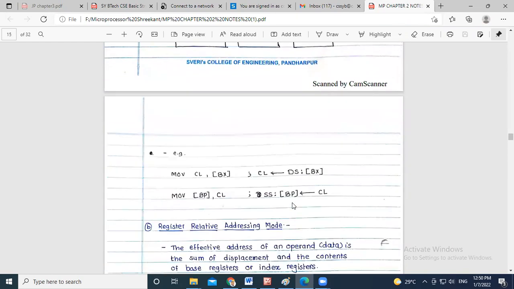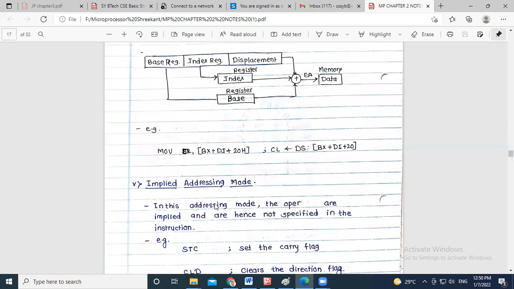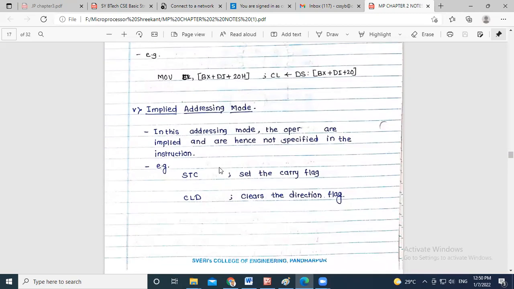Now I will move to the fifth category, that is implicit addressing mode, or we can say implied addressing mode, the fifth category of data related addressing modes. In this category, the operations are implied and not specified in the instructions.